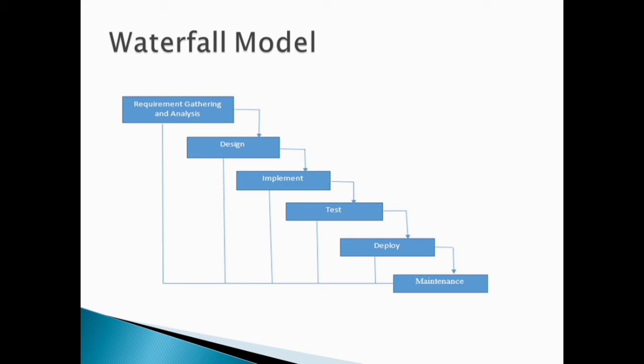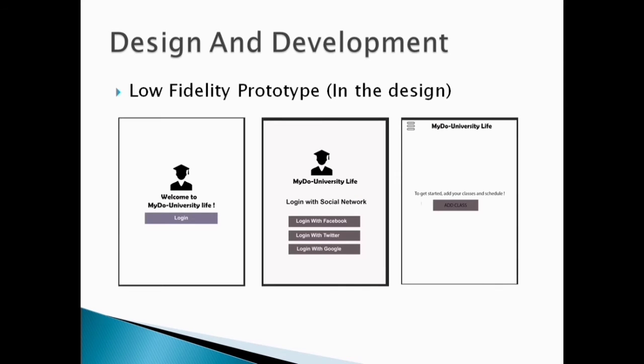As you can see, the progress flows down like a waterfall through the phases of requirement gathering and analysis, then design, then implementation, testing and deployment, and lastly maintenance. There is no overlapping in the phases. After that is the design and development.